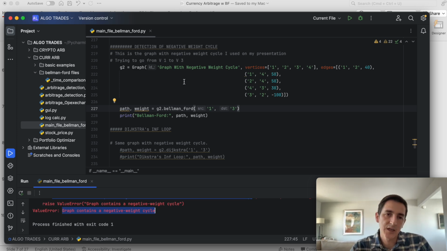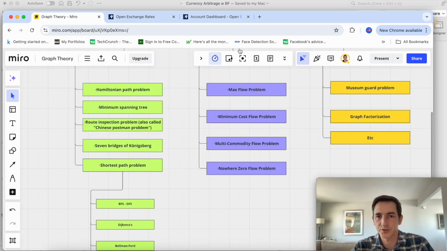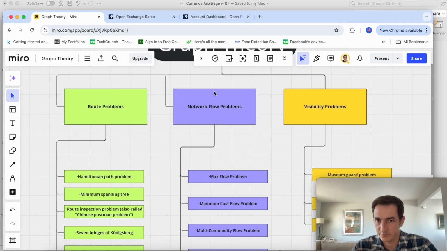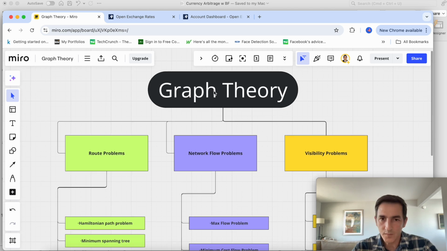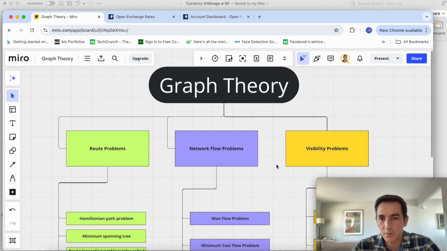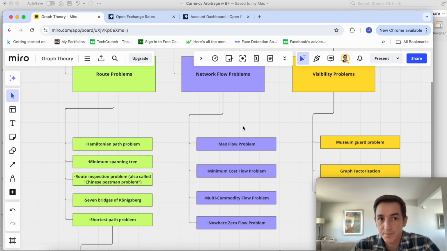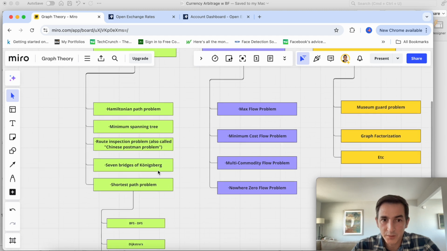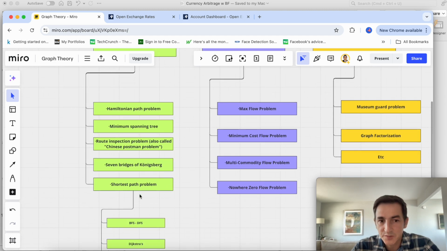To explain this, I want to first give you a background story, like where we are and why we are talking about this. As we know, in computer science, we have graph theory, and under graph theory there are major problems that are being widely studied. One of them like route problems, network flow problems, visibility problems. We are here under route problems, under shortest path problems.